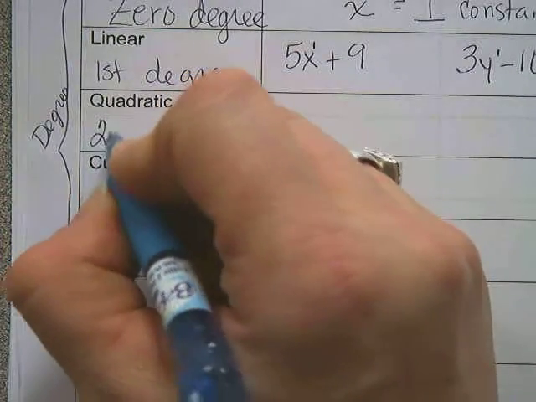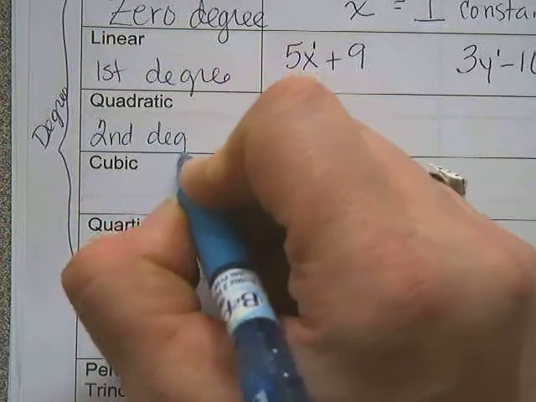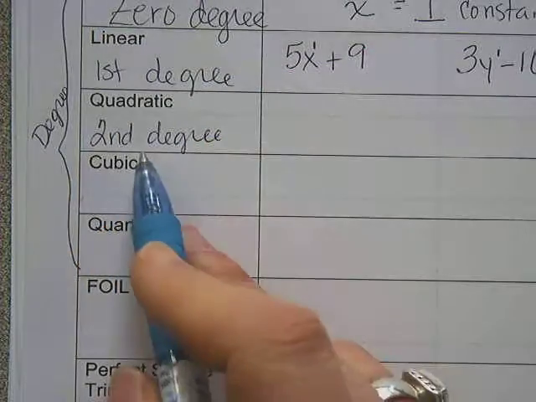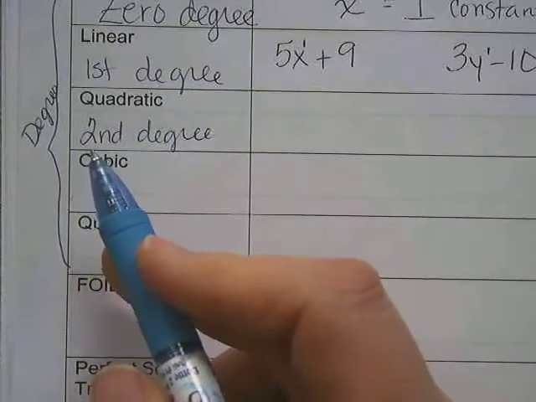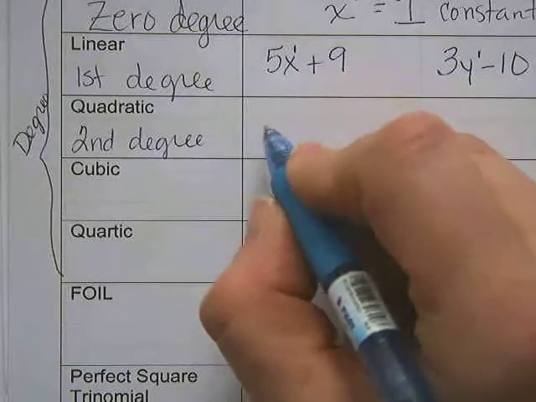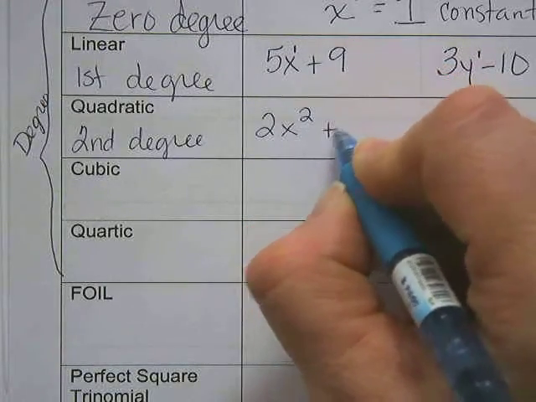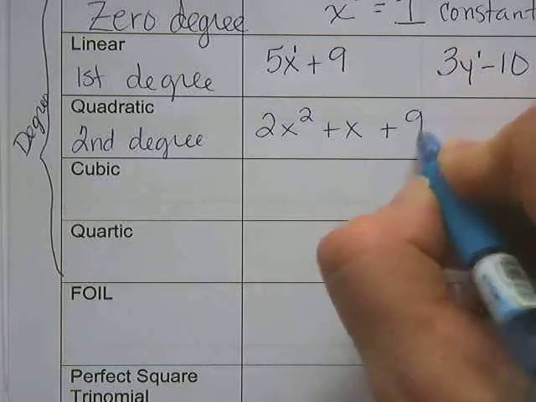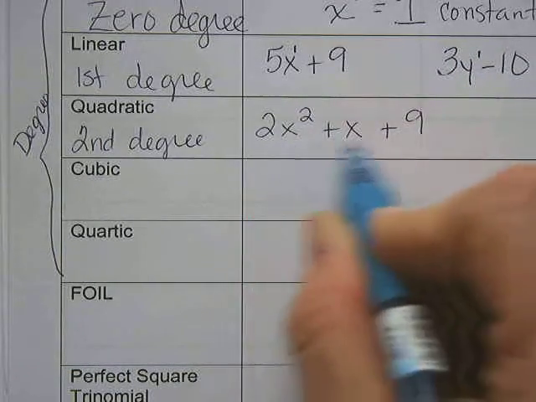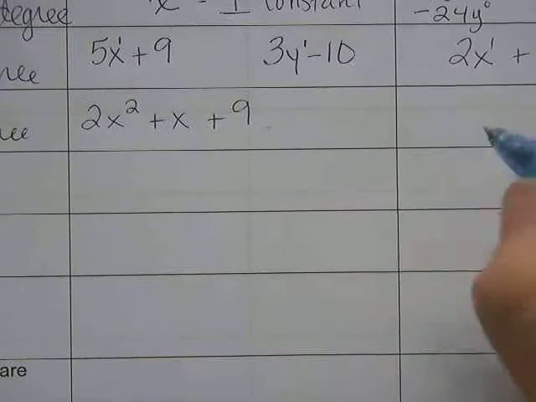The next one is quadratic. Quadratic is second degree. And after this chapter, we're going to spend the rest of the year dealing with quadratic expressions. But quadratics look like this. 2x squared plus x plus 9. It's a second degree polynomial.